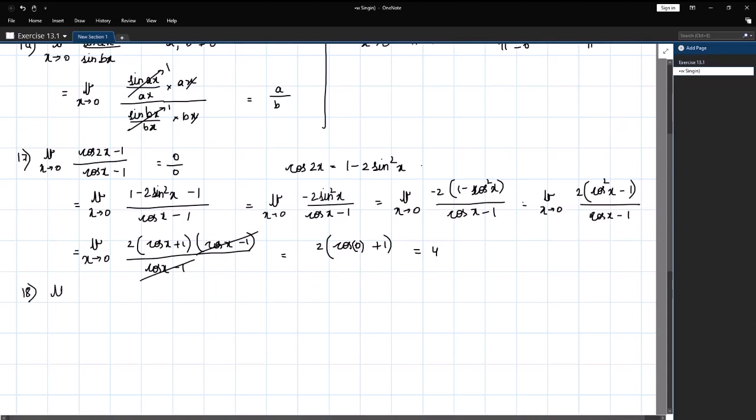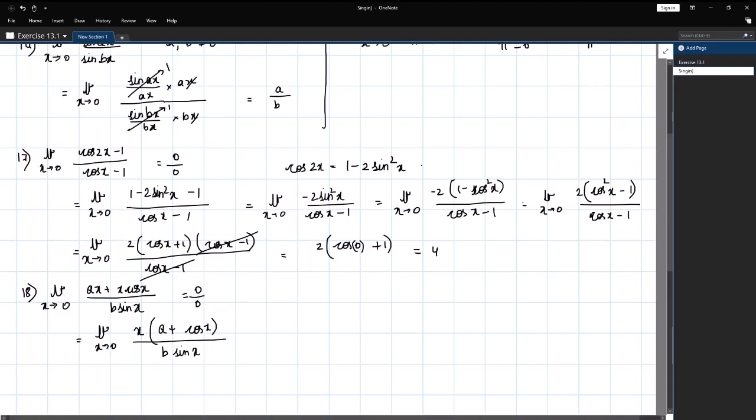That is limit x tends to 0 of (ax plus x cos x) divided by (b sin x). If we substitute x is 0, we'll have 0 by 0. To simplify this, limit x tends to 0, we'll take x common in the numerator. We'll have a plus cos x divided by b sin x.